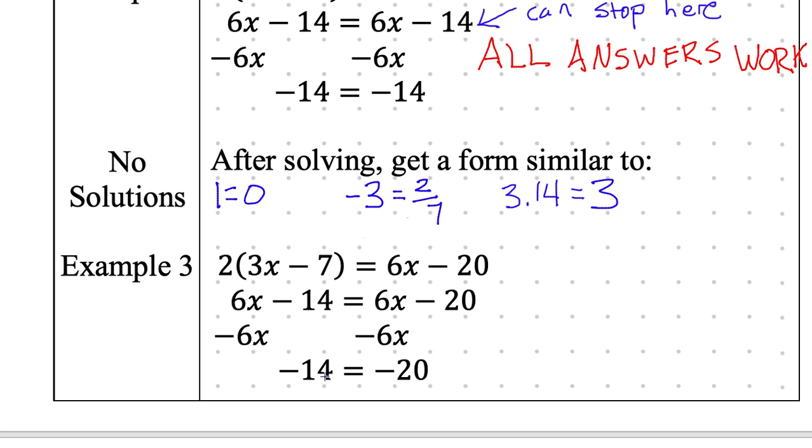Let's only look at the left-hand side. Let's move this variable, minus 6x, minus 6x. Oh no, that killed the variable there and killed it there. There's no more variable. So it's just going from your natural operations that you would do, and then there's nothing else that you can do. You got negative 14 equals negative 20. It's the same operation you've been doing, except now we've ended with a number equal to a different number. So basically, they're just canceling themselves out, and that's how you get the answer.